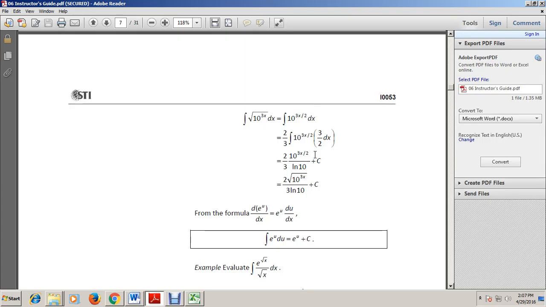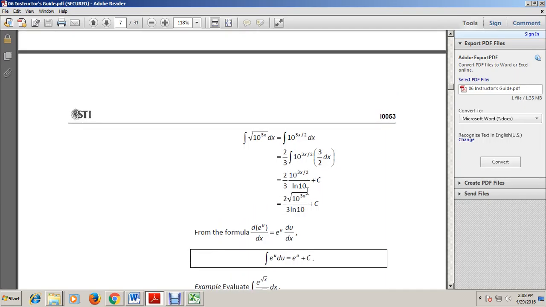So our 2/3 times 10 raised to u becomes 2/3 times 10 raised to 3x over 2, over ln of 10, then plus c. Going back to the radical form, this simply becomes 2 times the square root of 10 raised to 3x, over 3 ln of 10.